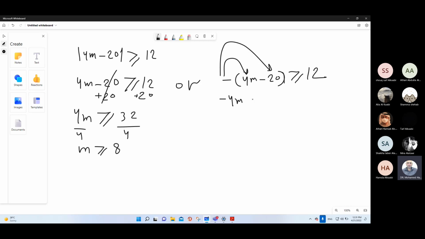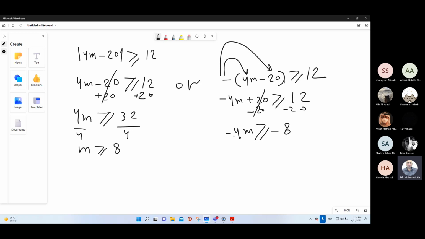Minus times minus 20 will be positive 20, greater than or equal 12. Then subtract 20 from the two sides. Positive 20 minus 20 will be 0, remains here minus 4m, greater than or equal 12 minus 20 will be minus 8.